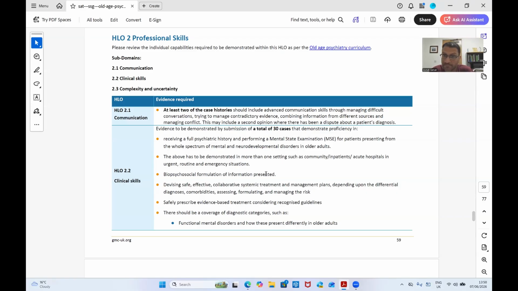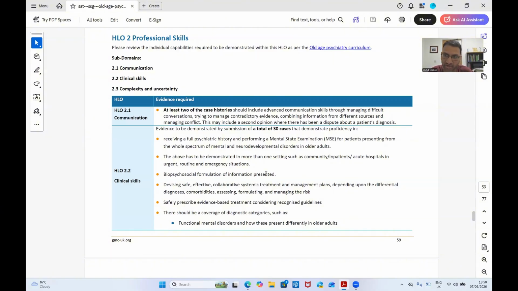You can include other organic conditions like Huntington's, if you're able to find any in your caseload in your clinical practice, or CJD, or early onset dementia. That is part and parcel. So you include dementia, different types of dementia.